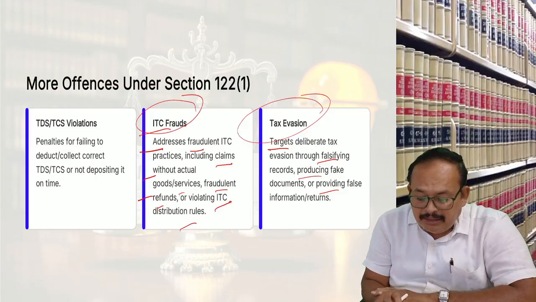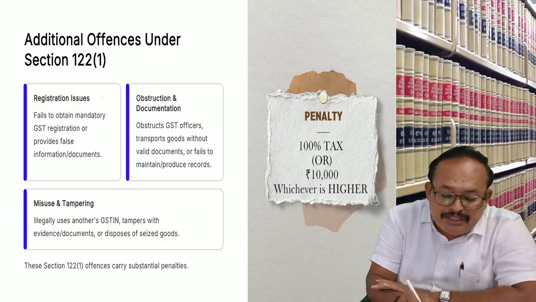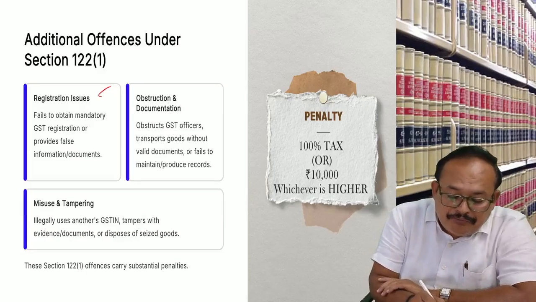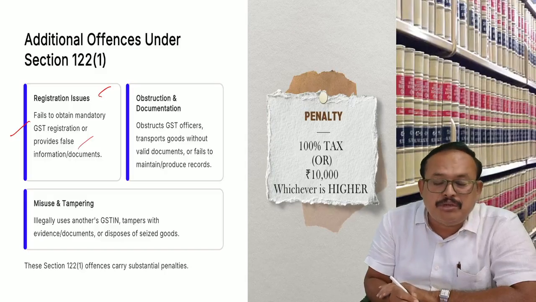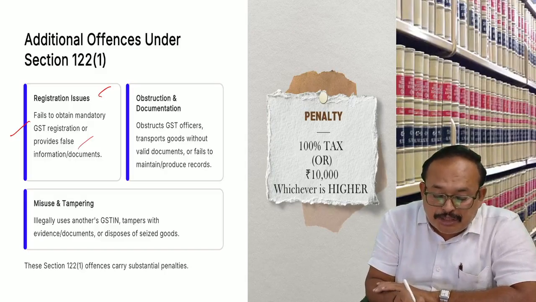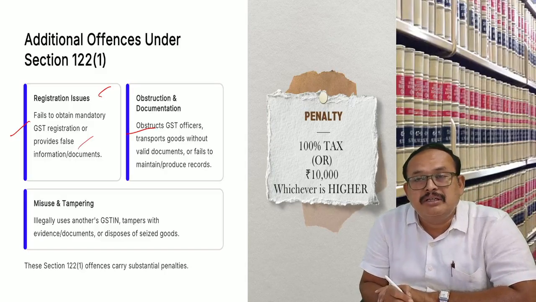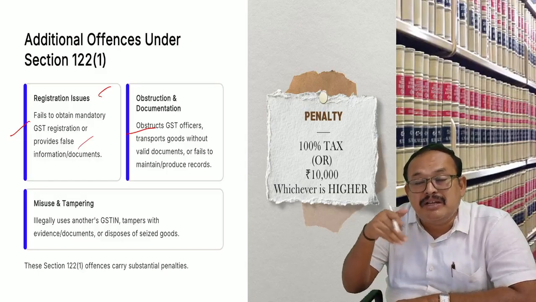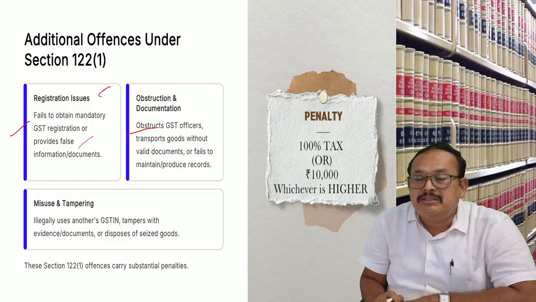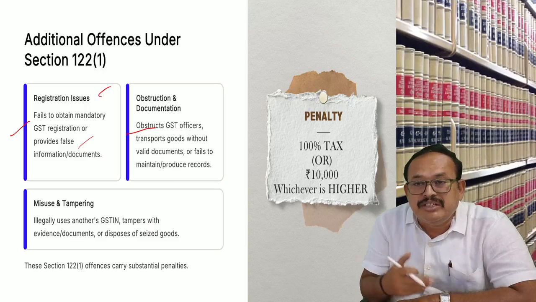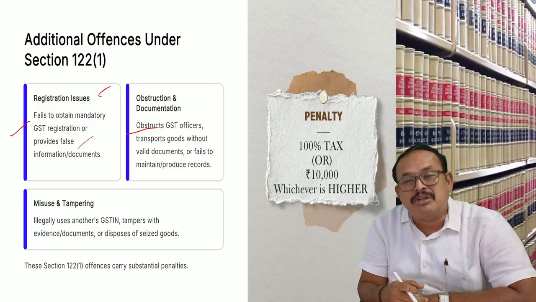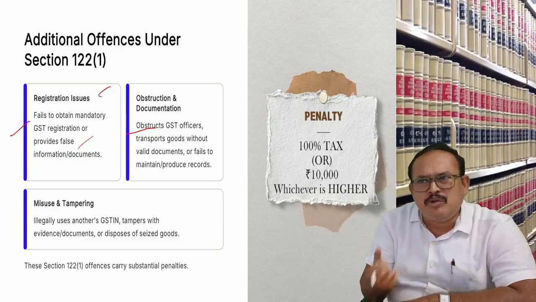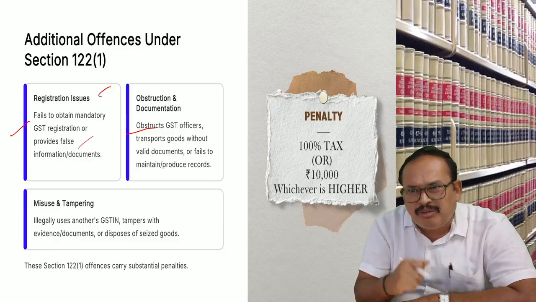Further, registration issues: failing to obtain mandatory registration or providing false information or documents, or obstructing the officer from delivering his duties. Obstruct means what? See, I am motivating the officer: hey officer, you pass the order in original for 5 crores of tax demand, thereafter interest and penalty equal to 5 crores. What will you get out of this?